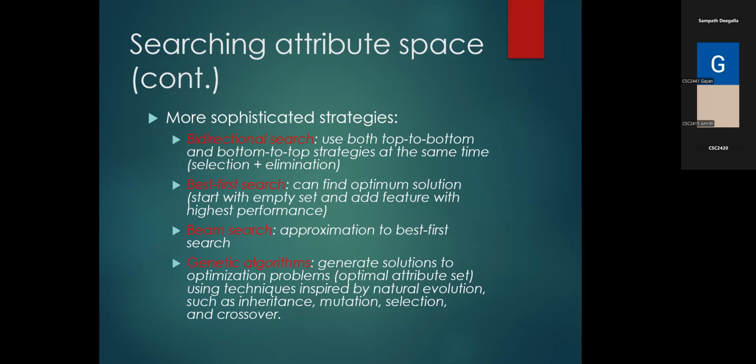Now, when I say evaluation function, since we talk about feature selection, we can use classification accuracy. For example, you create a feature set and then you evaluate it using accuracy.